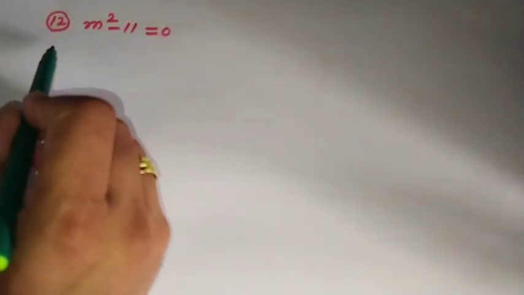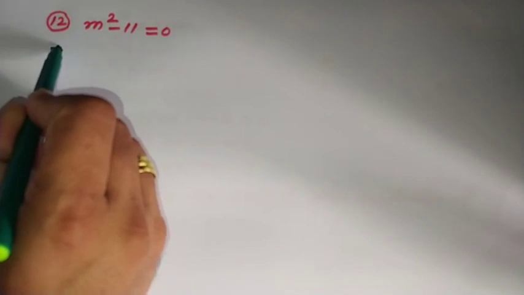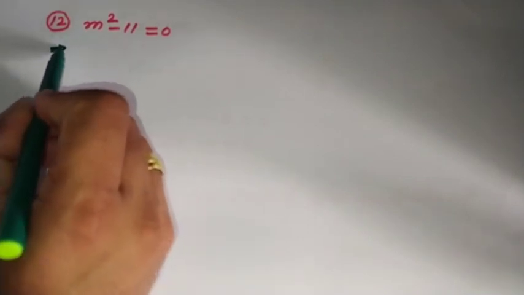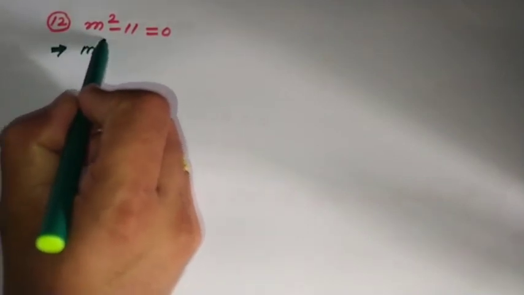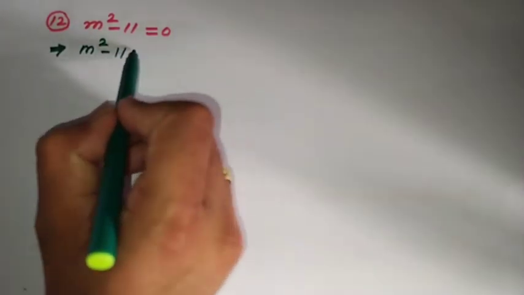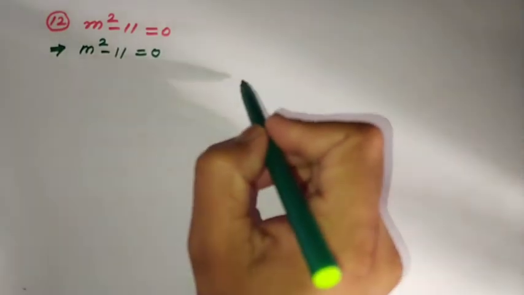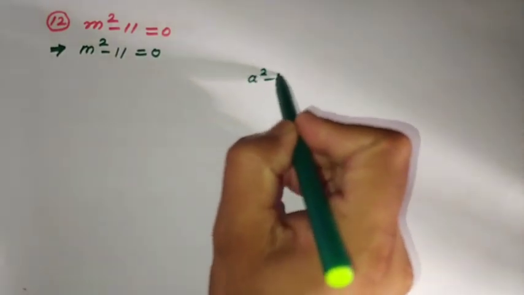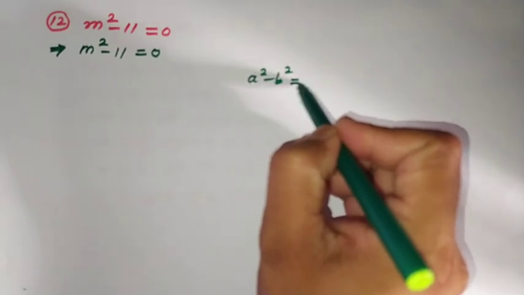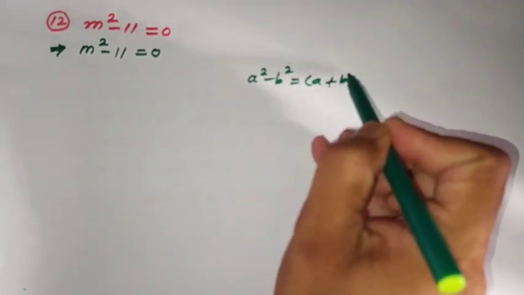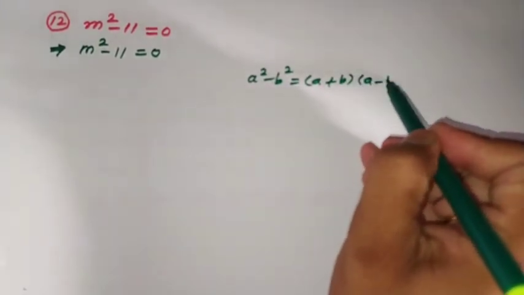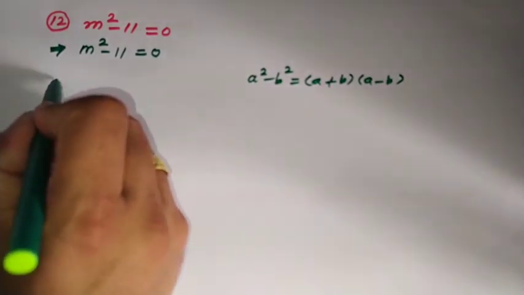Example number 12. M square minus 11 is equal to 0. First write down this equation. How to solve this equation? Using the expansion formula, a square minus b square is the sum of two numbers times the difference.